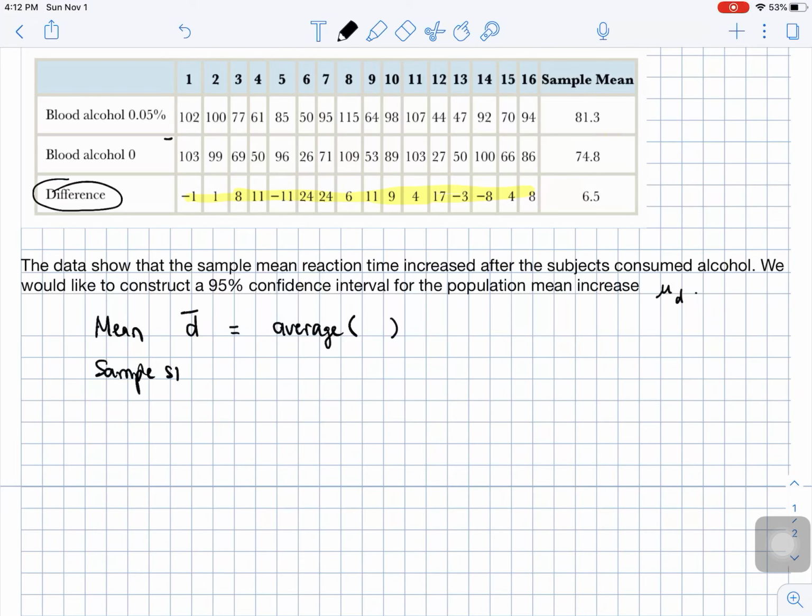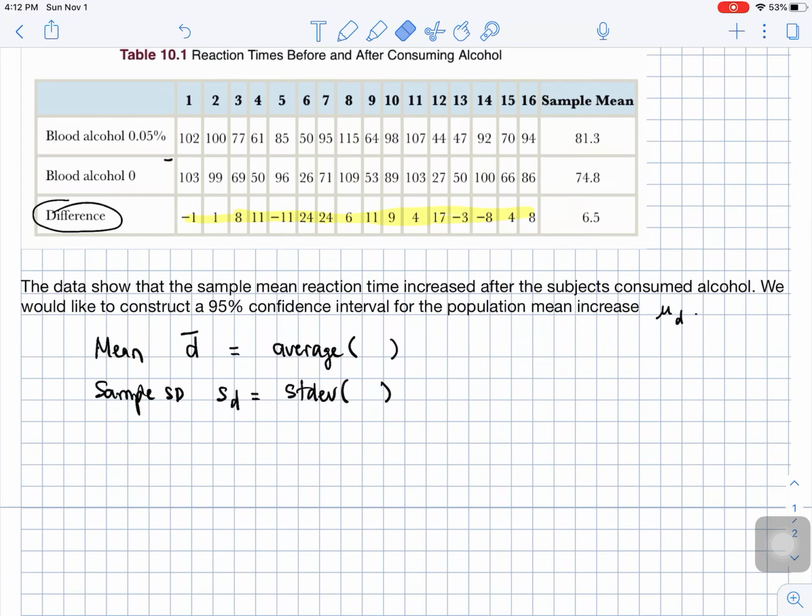To find the mean of the difference, we use Excel. The notation for the mean is D bar, and in Excel we type equals AVERAGE and highlight the yellow numbers. To find the sample standard deviation SD, the Excel command is STDEV, and then we highlight the numbers.